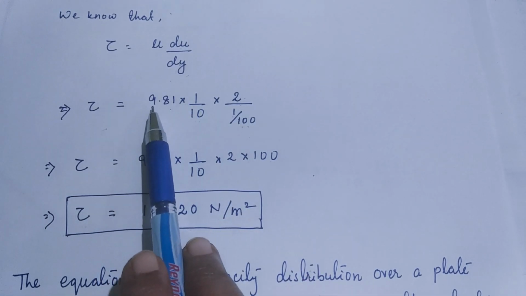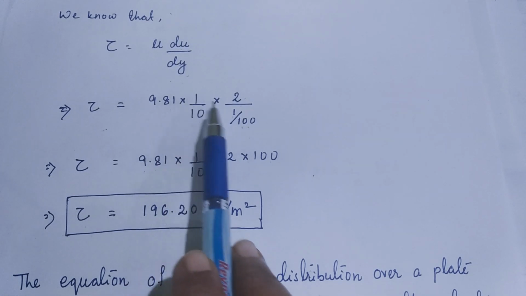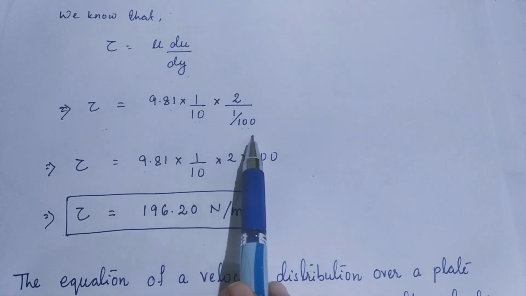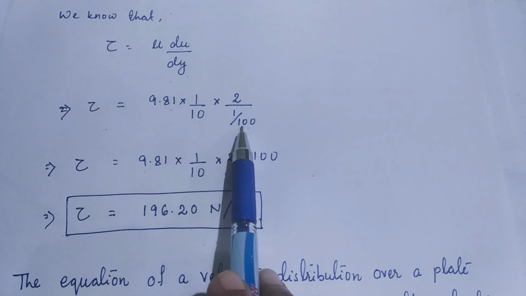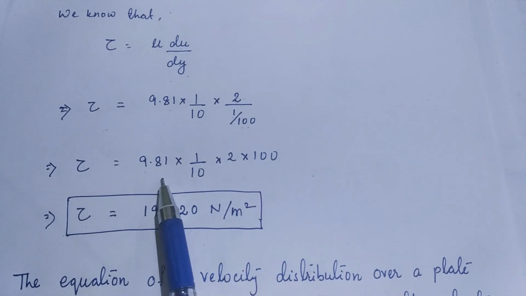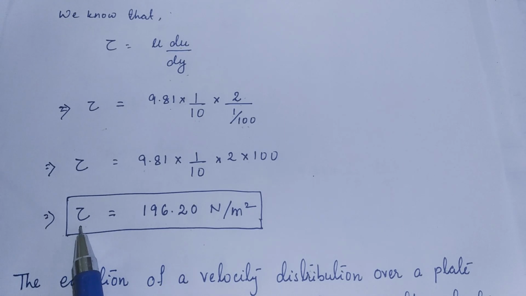So mu is 9.81 into 1 by 10, du is 2 meter per second, and dy is 1 by 100. Now take this 100 into the numerator. So this is written here in this expression. Now after solving this, we get the magnitude of tau equal to 196.20 Newton per meter square.